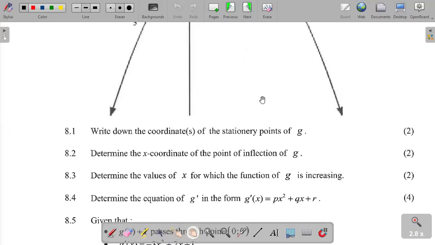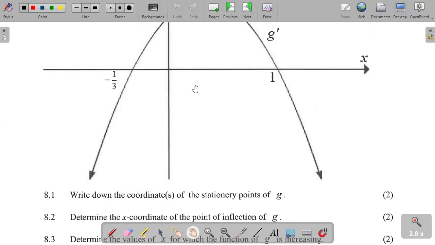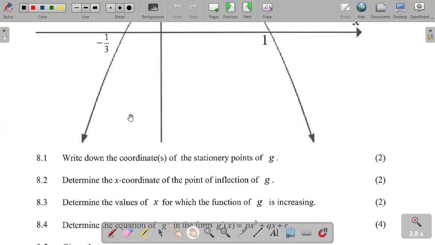So that's where the g prime of x will be what? 0. That's why g prime of x will be 0. I think they meant to say the x coordinates, because if you can't write down the coordinates, okay, this was a mistake here.